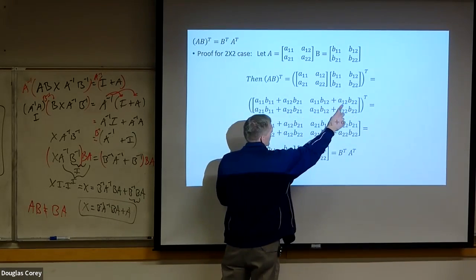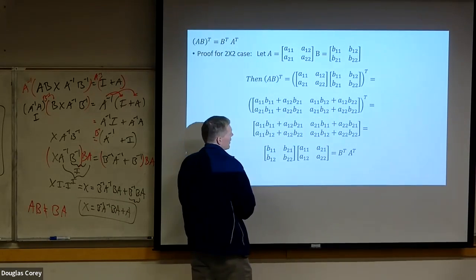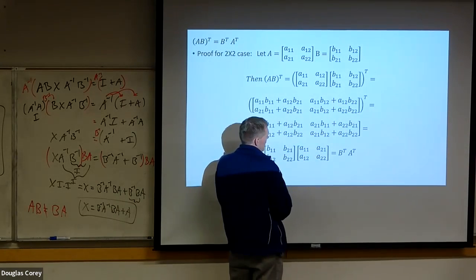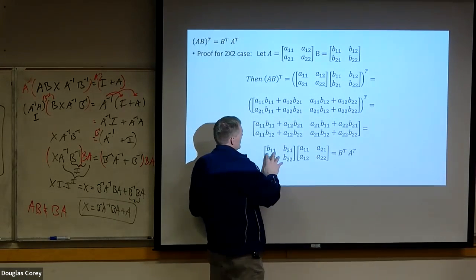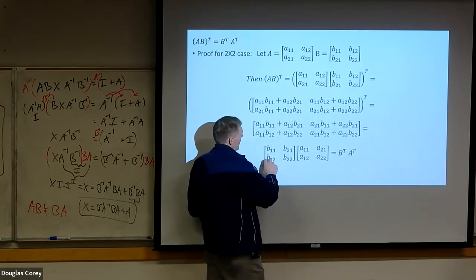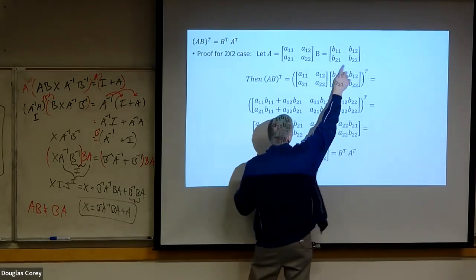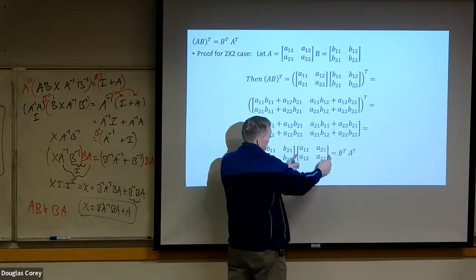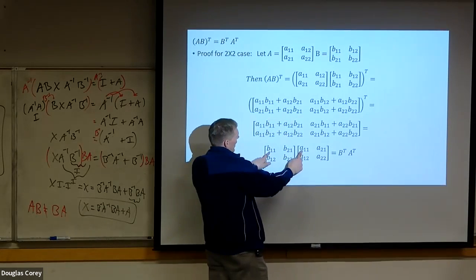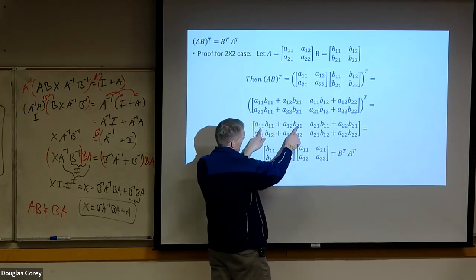These diagonals stay the same. Now the hard part is factoring it down and seeing that I could rewrite this as this B matrix transpose and this A matrix transpose. So B11 A11, B21 A12. I get that right there.